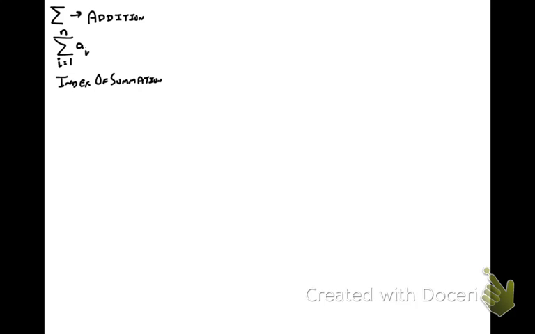And a sub I is a rule, so to speak, to generate any of the terms in the sequence. So this represents, our first term would be a sub 1, our second term would be a sub 2, and we would keep going until we had a sub n minus 1 and finally a sub n.